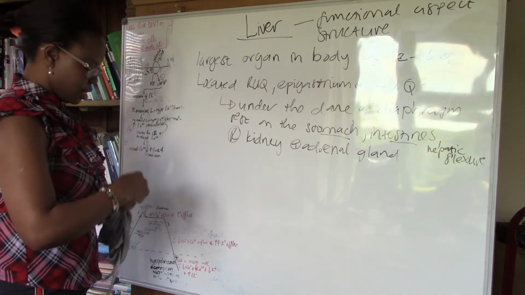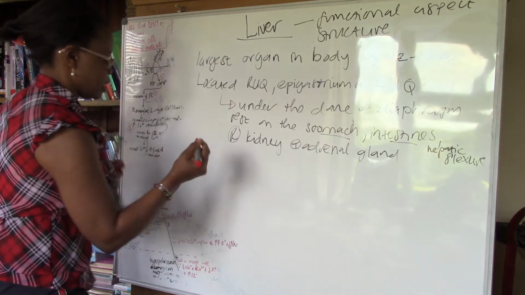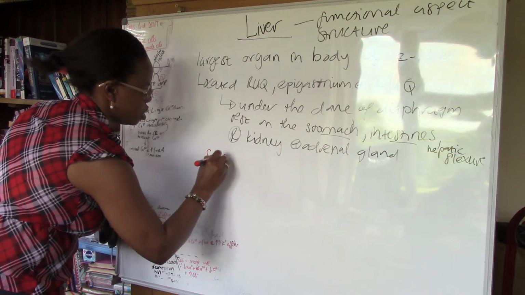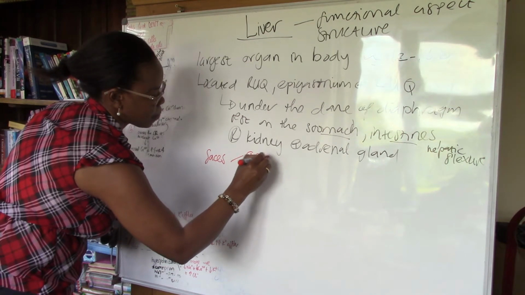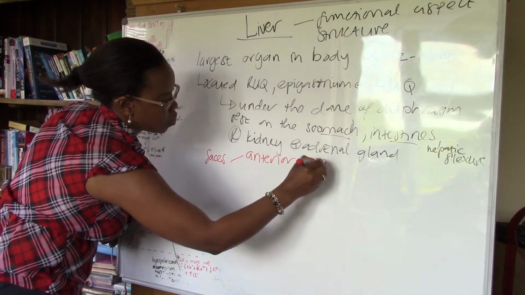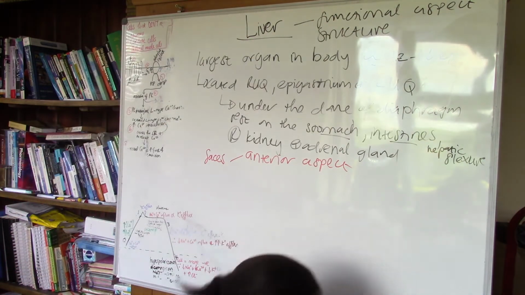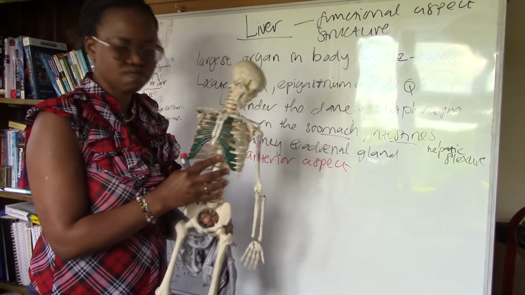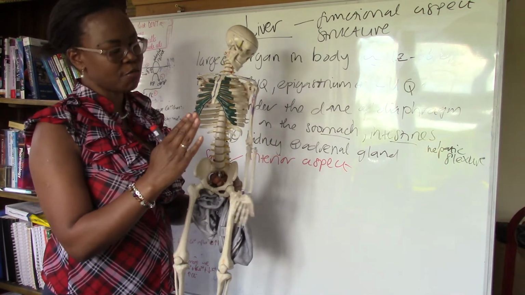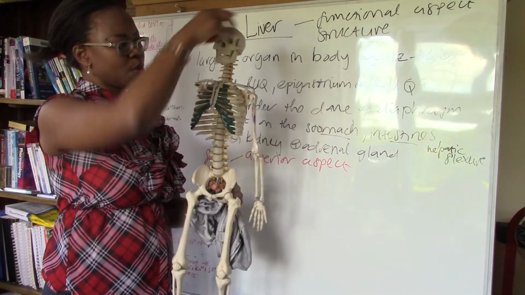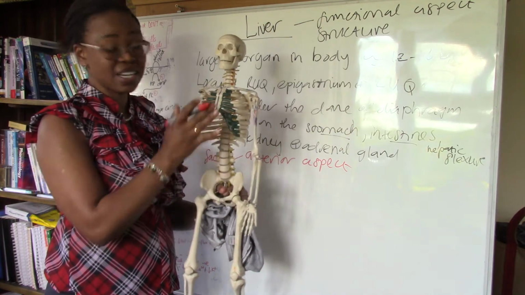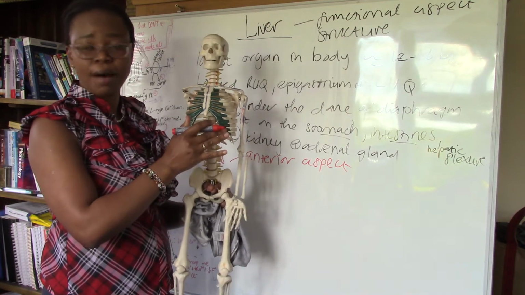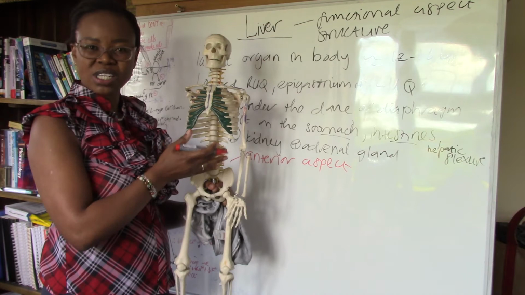So since I've mentioned the visceral side, I might as well say it has faces, or sides. It has an anterior aspect, which is what we see. So if I were to borrow the model once again, if we were to look on the anterior surface of someone, what we'll see is the anterior aspect of the liver, which is actually smooth.